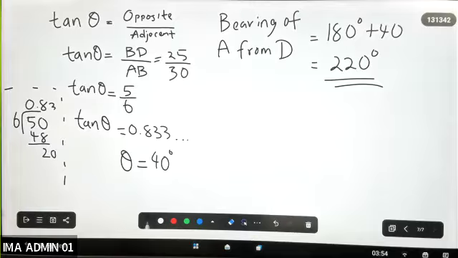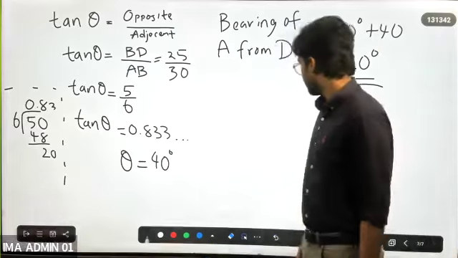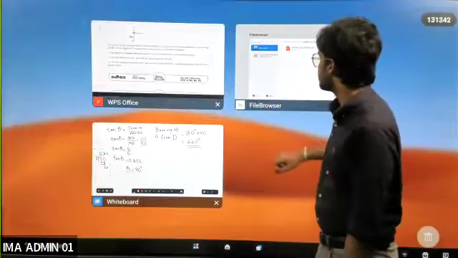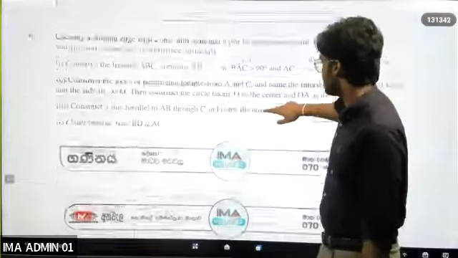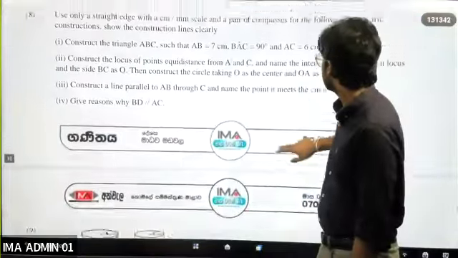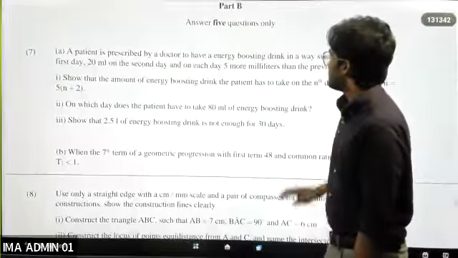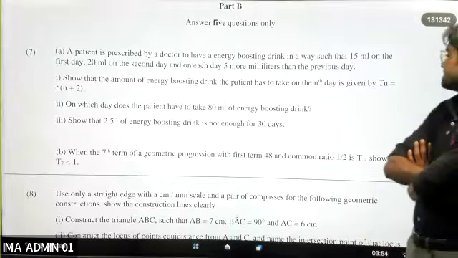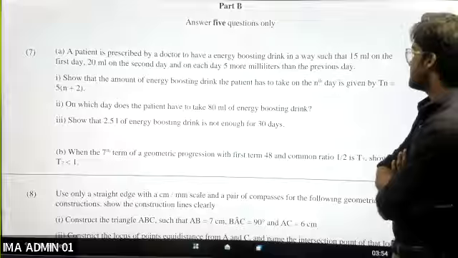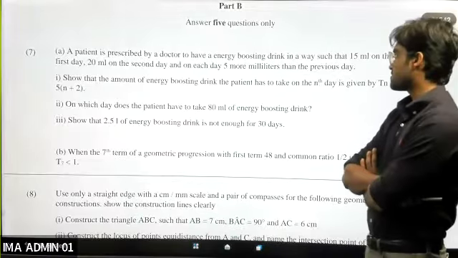I think we discussed these theories yesterday as well in a nutshell. The seventh question is actually regarding the progression lesson. Anyway, we will do the question quickly.